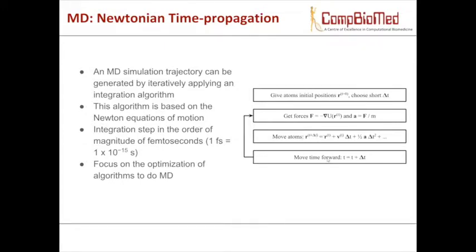You move these atoms, move time forward, and repeat this process for thousands of steps, until you have the desired accumulated time, where the longest trajectories usually go over milliseconds. Well, we'll go into further detail later.